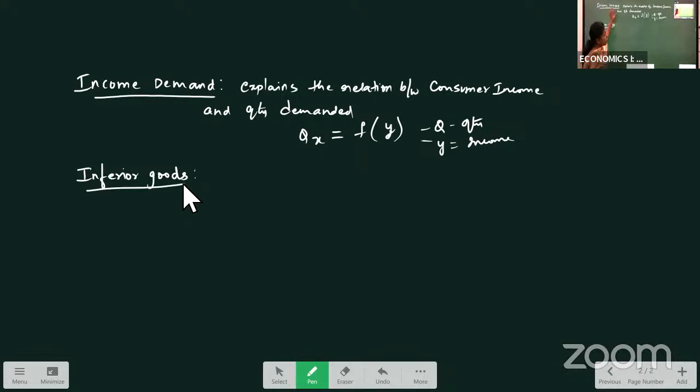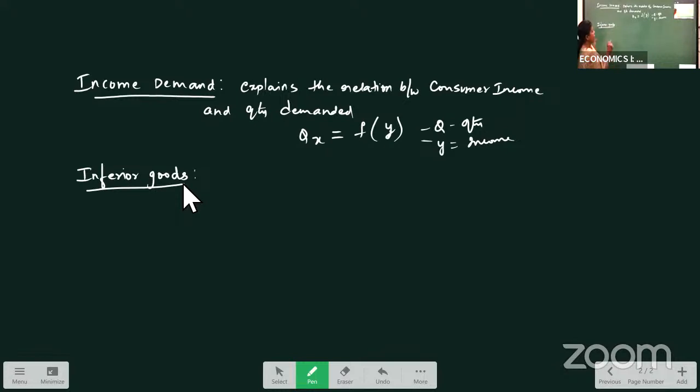Income demand explains the relation between consumer income and quantity demanded. Other factors remain constant, meaning price is not changing, technology is not changing, prices of related goods are not changing. Only when the consumer's income changes does demand also change. That concept is called income demand.